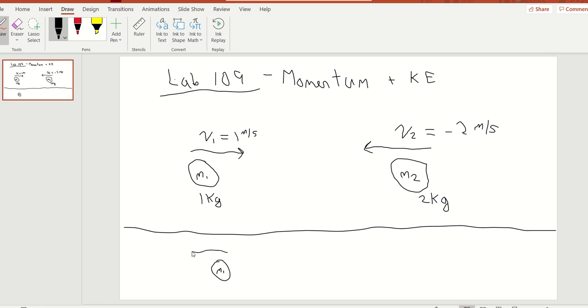M1 will be going the opposite way because it hit M2 and it bounced off. And likewise, M2 might be going the other way because it hit M1 and it bounced back. So these are just some possible things that could happen. Now, another thing that's possible is that because this one is much heavier than that one and it's going much faster, after the collision, they could both actually be going in this direction. So there's many things that can happen.